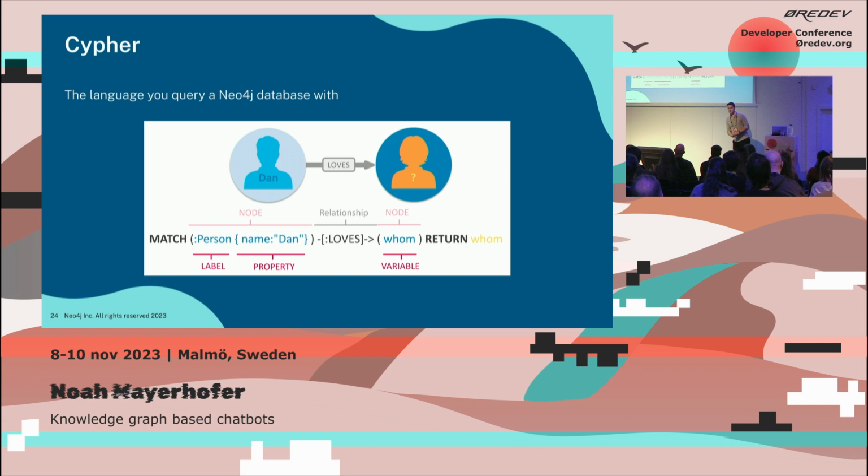So basically find out who Dan loves and return that person. And this can solve our multi-hop problem, because if the LLM can generate Cypher, it can generate: find Dan, then who Dan loves, and what that person works at, for example, in which city the person lives. So it can generate one Cypher query that will answer one of these multi-hop questions.